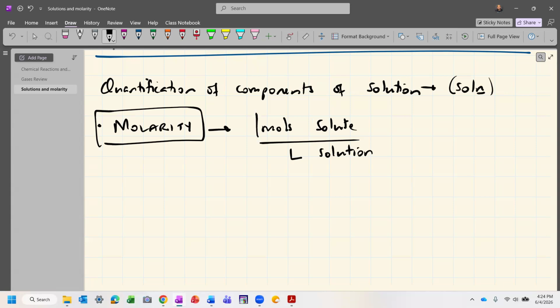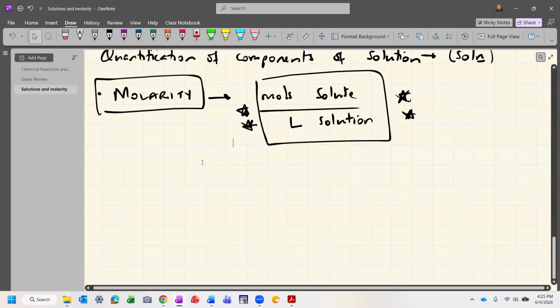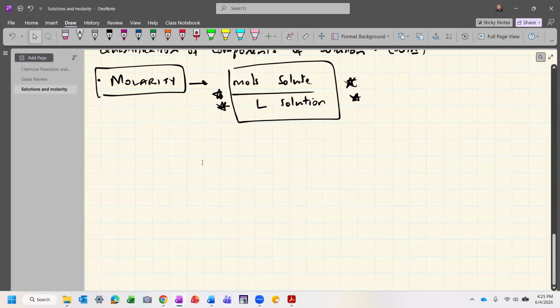So this is the most important thing that you want to remember when it comes to molarity: moles of solute over liters of solution. It relates one component of the solution to the entire solution itself, specifically amount in moles to the volume in liters. So for example, now we'll take a look at a couple calculation problems.